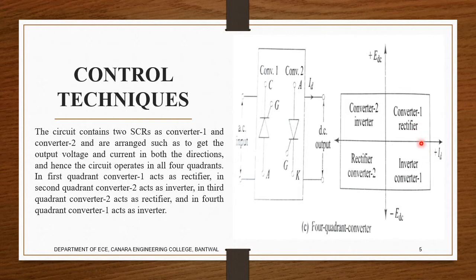So here we get one converter rectifier, another converter inverter, another converter rectifier, and another converter inverter. So we have two inverter applications and two rectifier applications. That was the use of the SCR. From here we studied one quadrant, two quadrant, and four quadrant.